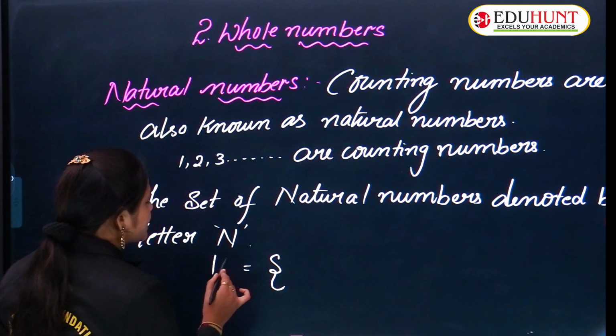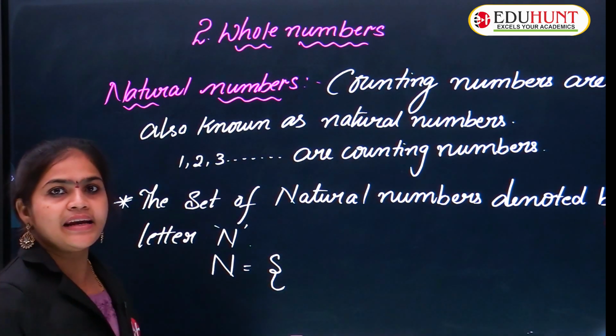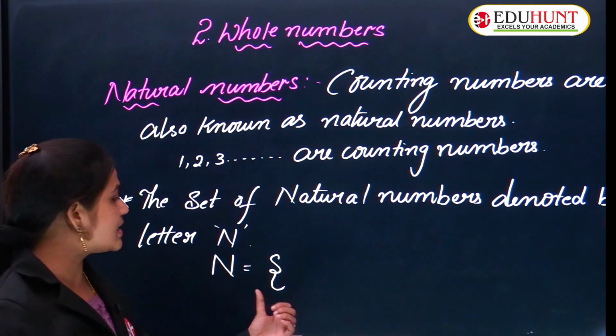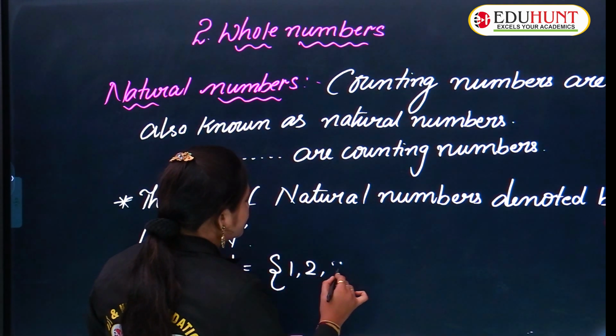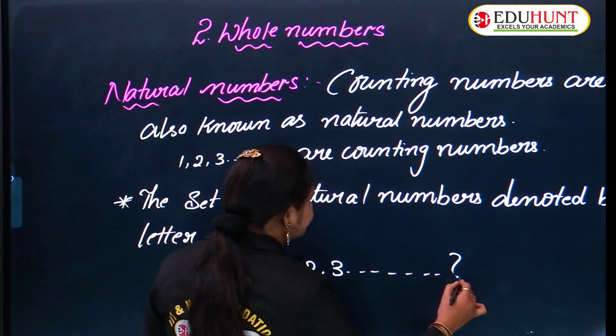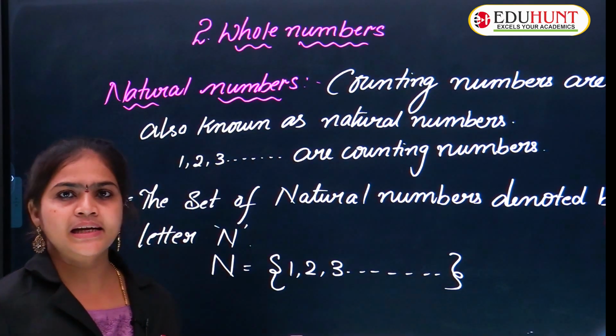This set is represented by the letter N, where N represents natural numbers. The natural number set is equal to 1, 2, 3 and so on. Okay, this is about natural numbers.